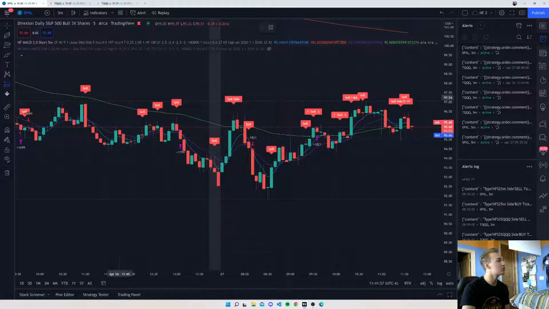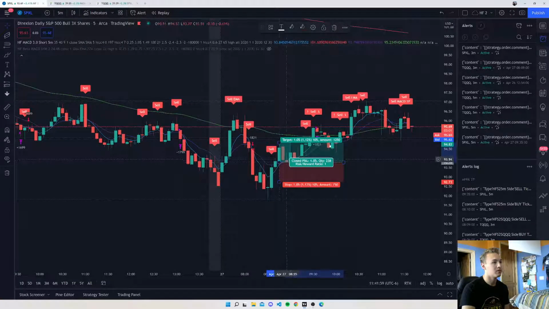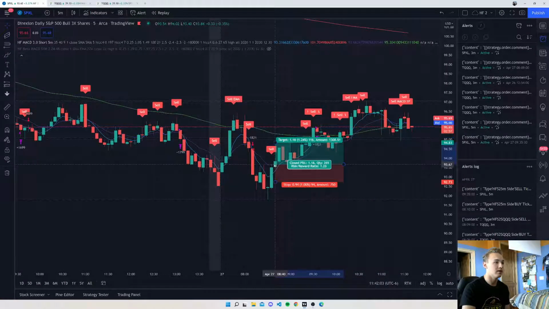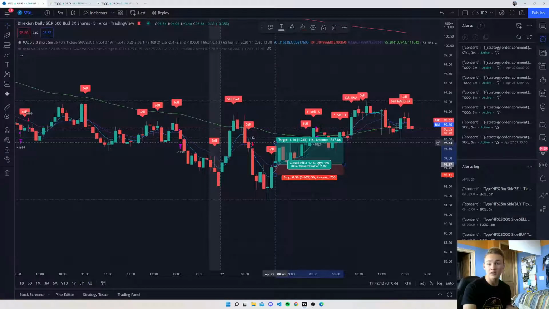Also, you can plan your trades with this little tool right here. Let's say you want to get in right here and you have your stop loss at 0.6%. I recommend having a take profit two times greater than the risked amount or above.